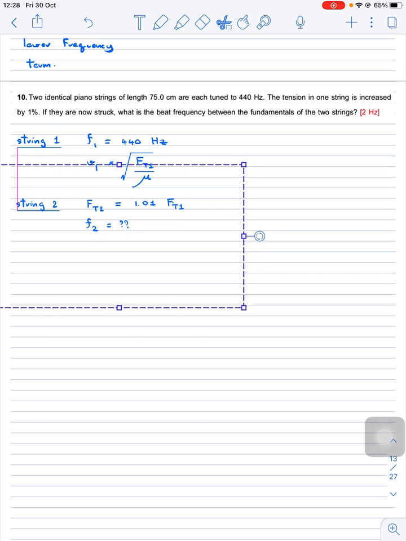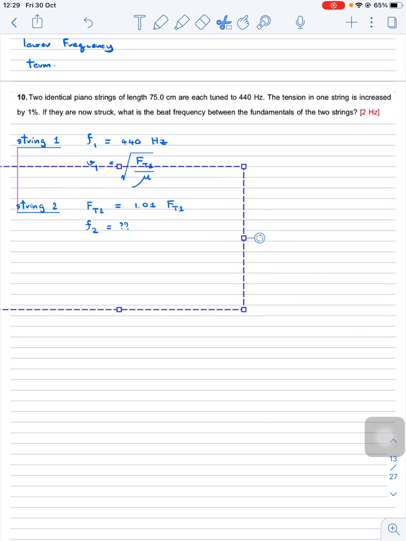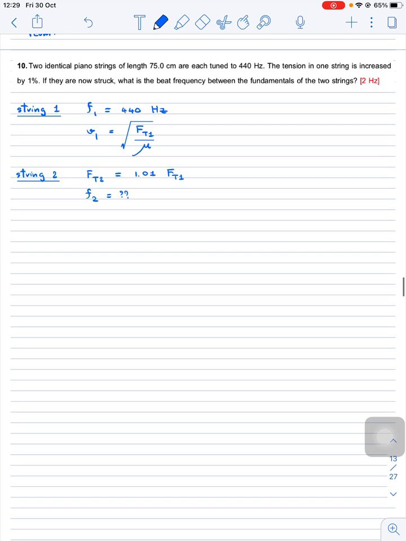Okay, and now for string 2, we just do the same thing. We can write down the speed of the wave on this string, v2, equal to the square root of FT2 over mu, and we know that it's going to be equal to the square root of 1.01 FT1 over mu.